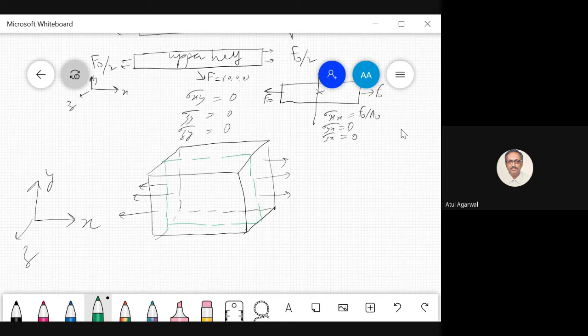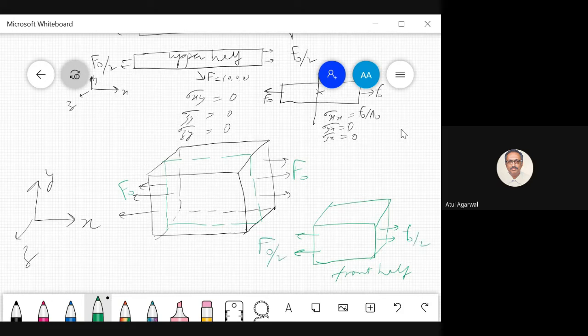So I have to draw a free body diagram of the front portion. This is the front half. So what are the forces here? Some of this force was F naught, so you get F naught by 2. So does the back half have to do anything to the front half in order to not make it fly off?